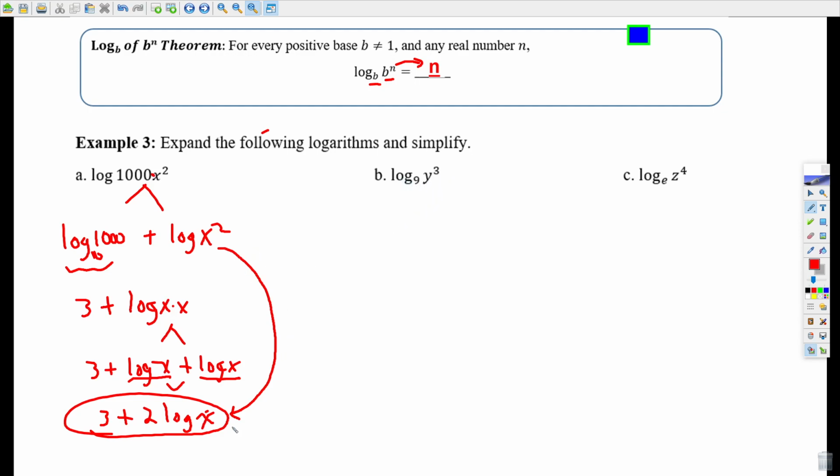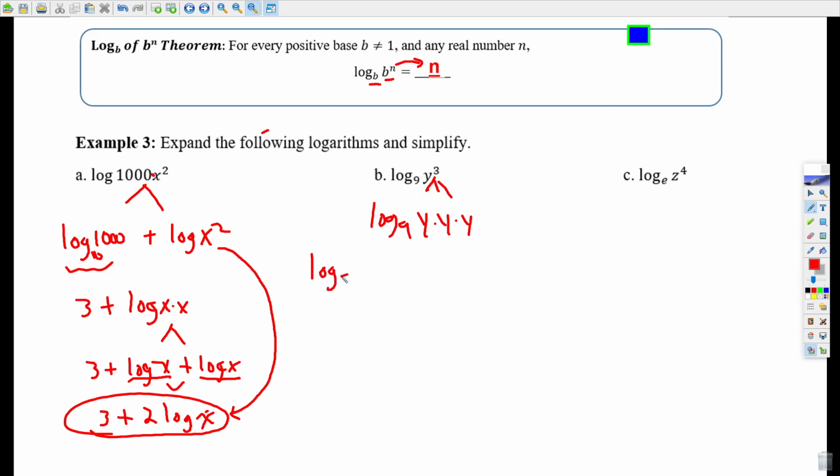If you understood the shortcut here, what's going on, I would do this one more time. I'm going to break this apart. Now, first off, let's just say it's going to be log base 9 of y times y times y. Because there's 3 of them, right? And I'm going to break this into multiple logs with pluses.